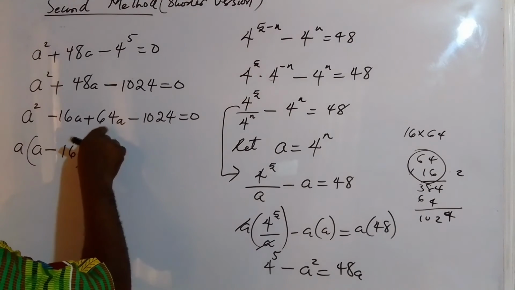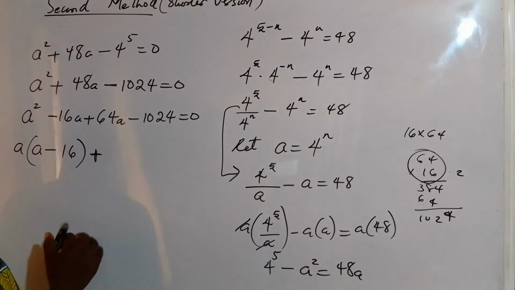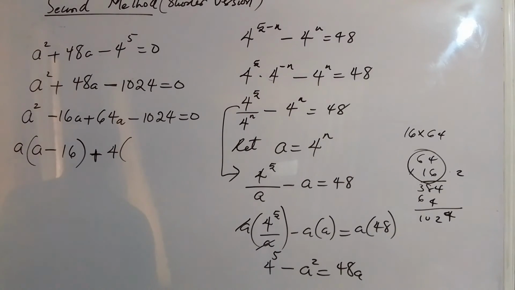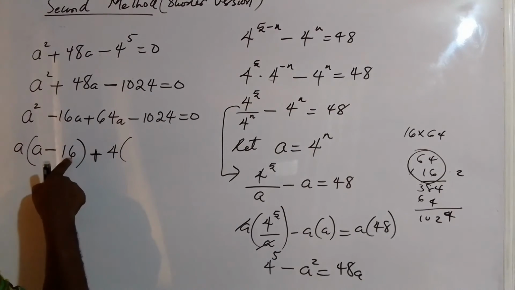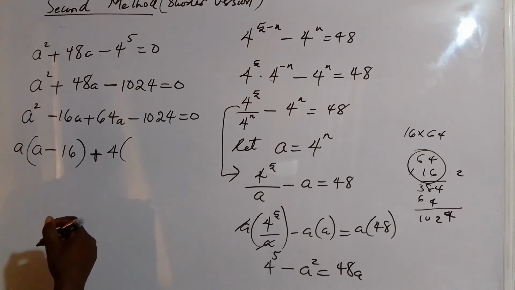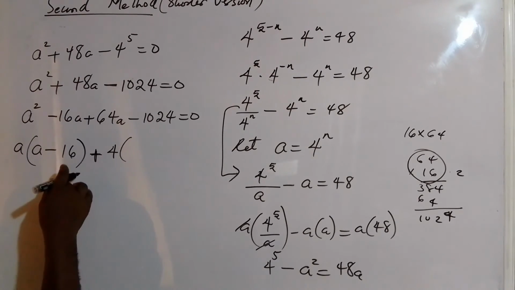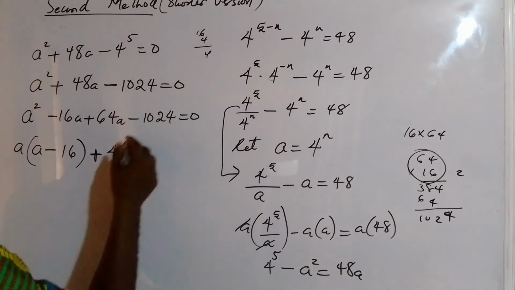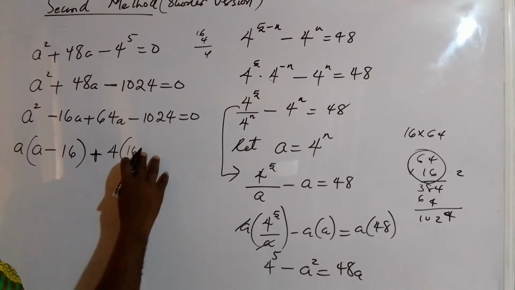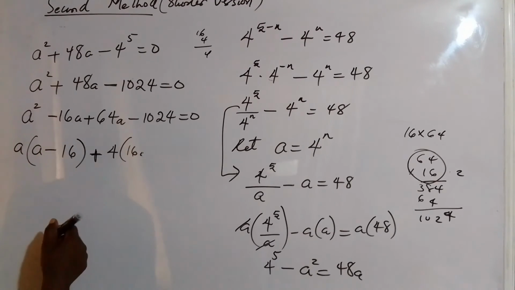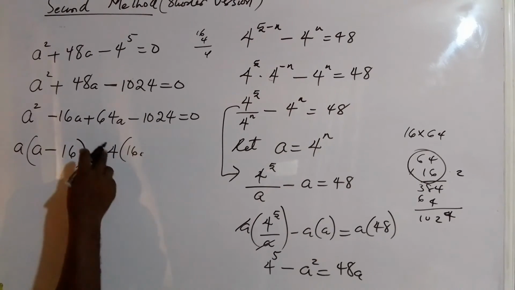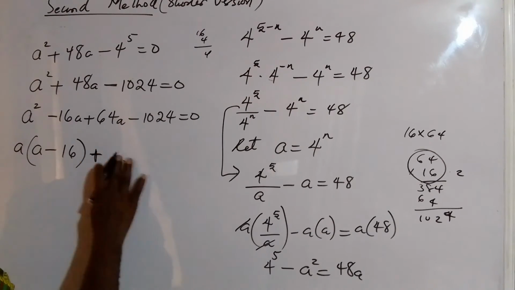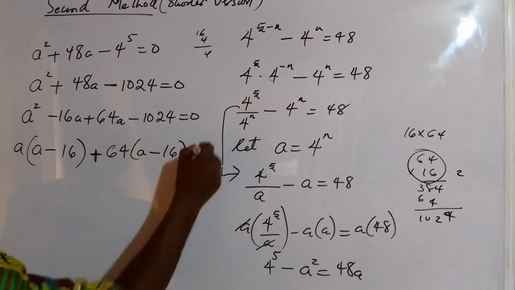The common factor will be 64. So 64 times a minus 16, equal to 0.